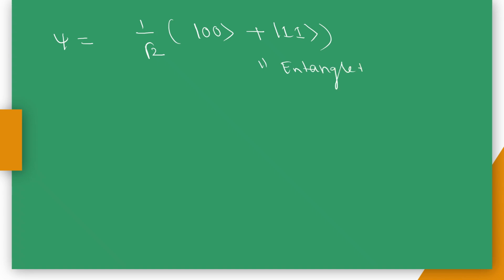Similarly, for the given system psi, 1 by root 2, state 00 plus state 11. This is the system given, and we are asked to check whether the system is entangled or not.